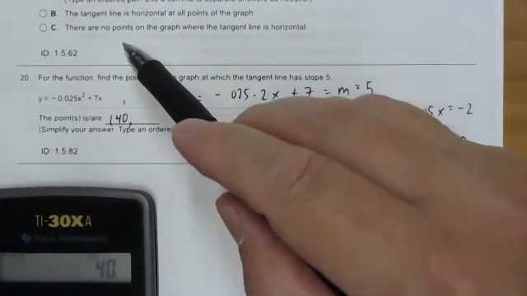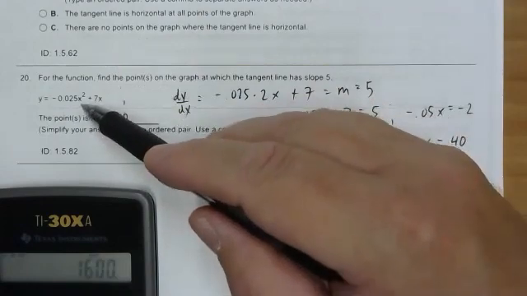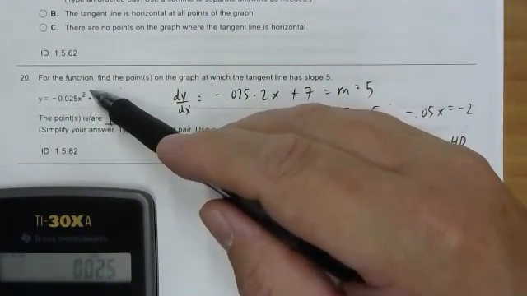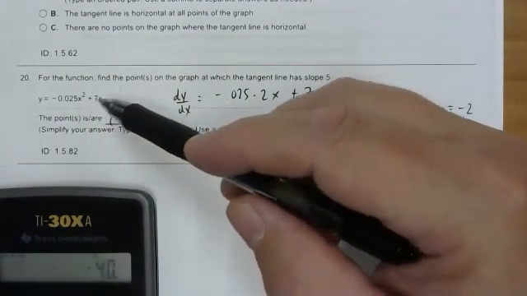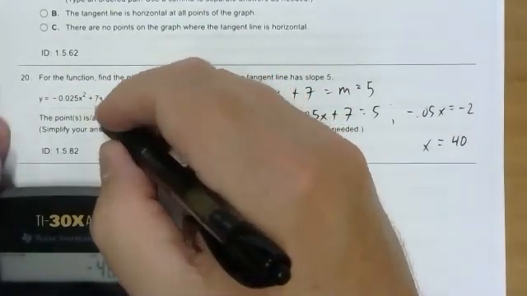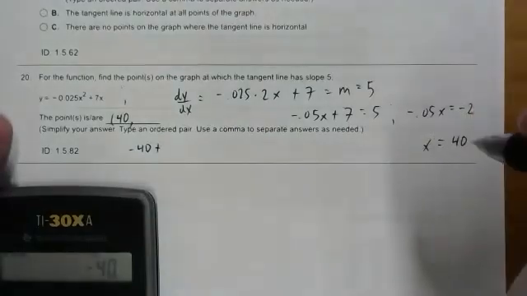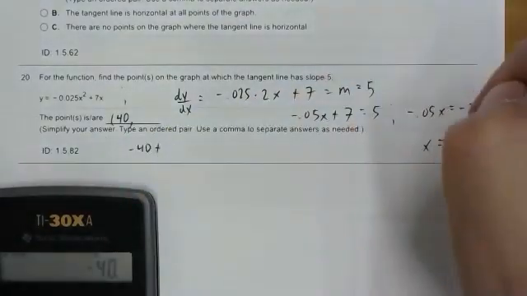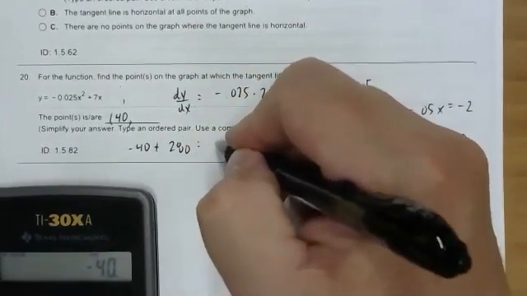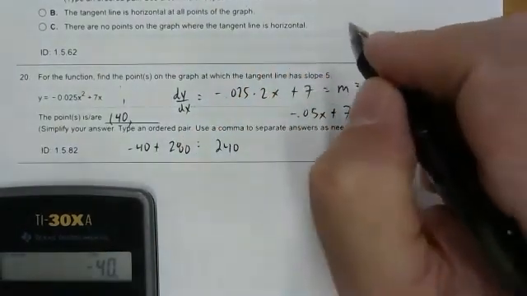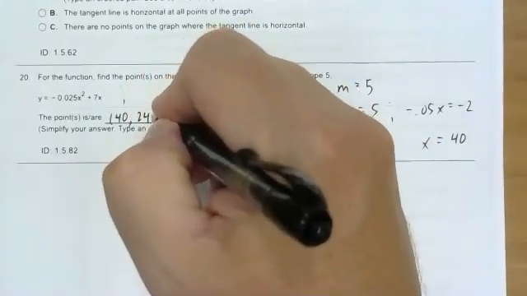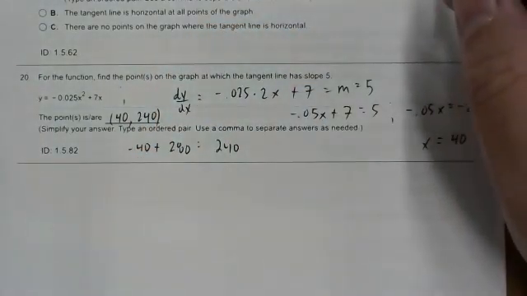So negative 0.025 times 40 squared, plus 7x. If x is 40, 7 times 40 is 280. Looks like it's 240. So x is 40, y is 240. That's the point.